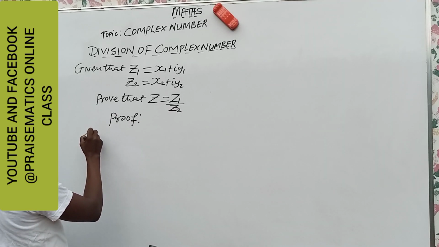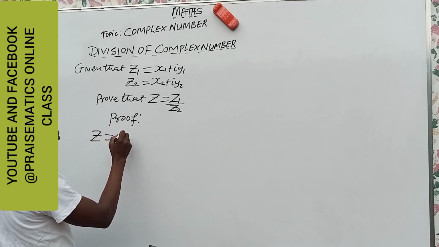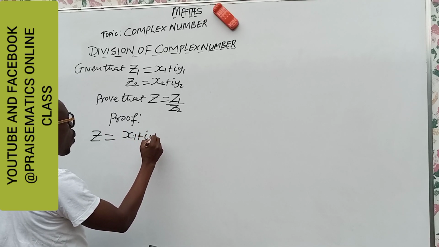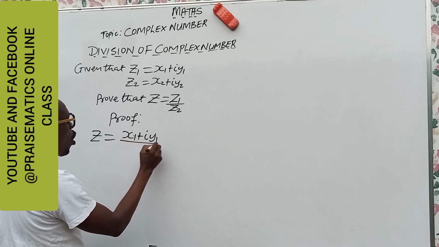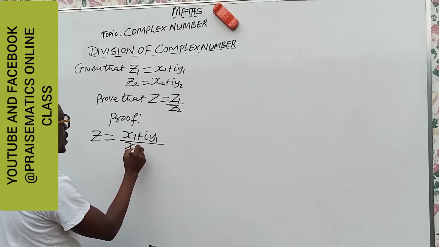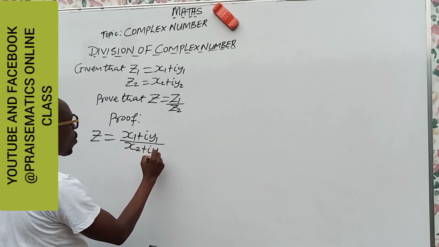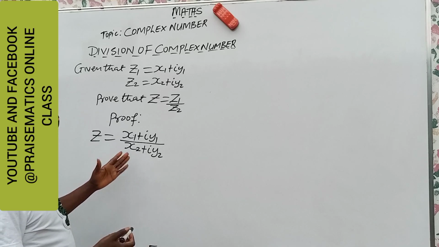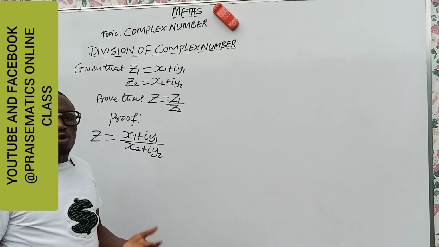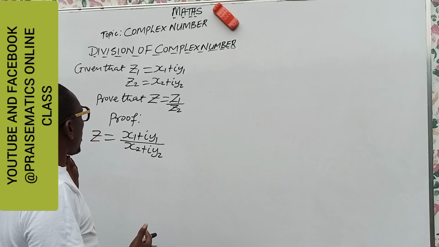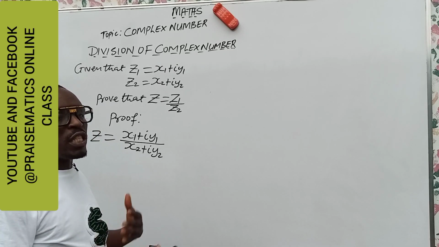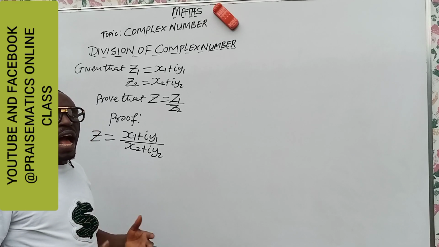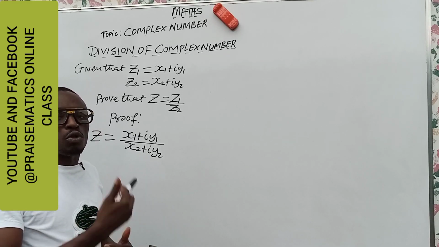So now let's go. Z complex number is equal to x1 plus iy1 all over Z2, which is x2 plus iy2. In our previous class, we studied what we call the conjugate of a complex number, where we said that the conjugate of a complex number just has the opposite sign. If we have x2 plus iy2, because of the plus, we turn the plus to negative.